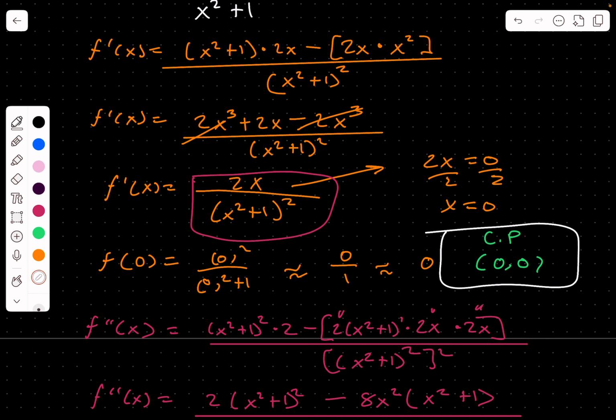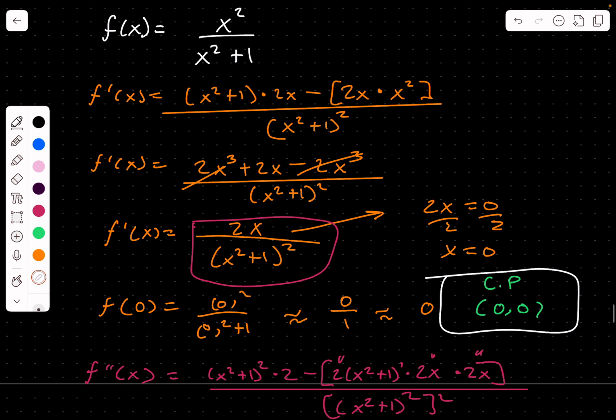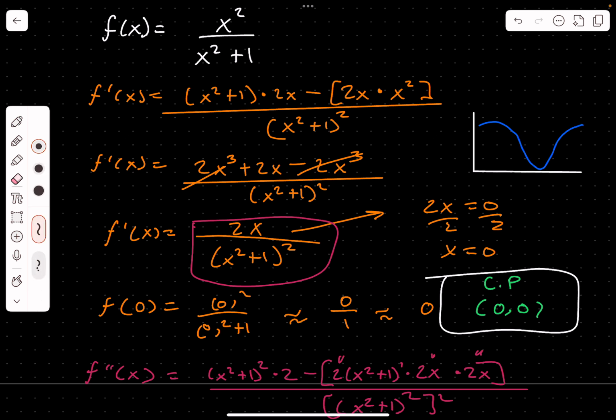If we were to graph our function, it would look something like this. Oh, actually, this is wrong.